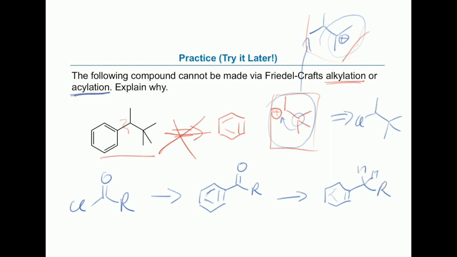Now notice the acyl chloride, which already has 1, 2, 3, 4 bonds, produces a ketone product, 1, 2, 3 bonds here, where you've got that fourth R group. And then we reduce it to make a benzylic center with 2 protons. It's a primary center that we result in.